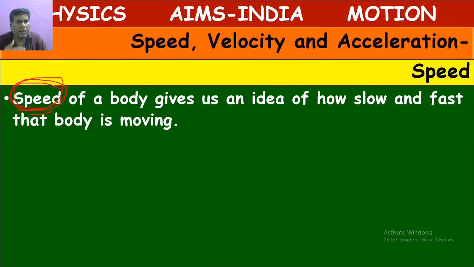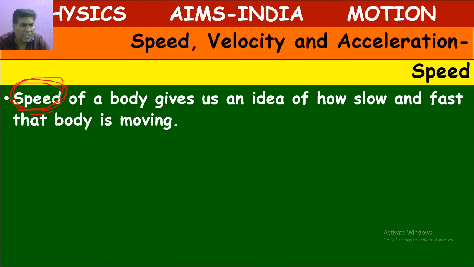Sometimes we say, the wind is coming with very great speed. Or if you are going on a bike, what will your parent tell? Don't drive with more speed. Accident may happen. Like that he will warn us.